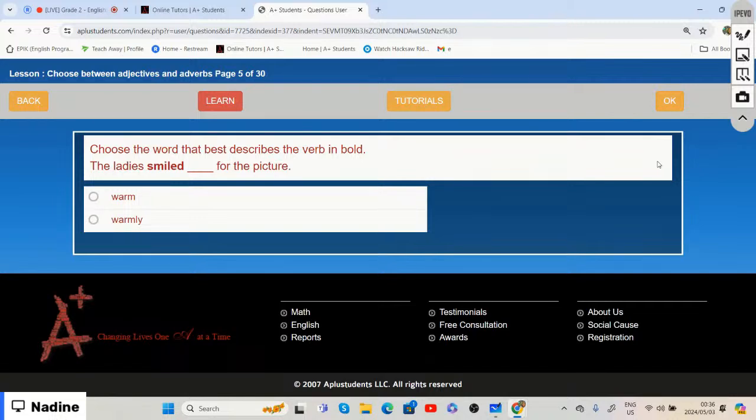All right, let's do the last one of this and then we're going on to the next lesson. It says, choose the word that best describes the verb in bold. Sorry. The ladies smiled. Do they smile warm for pictures or warmly for pictures?